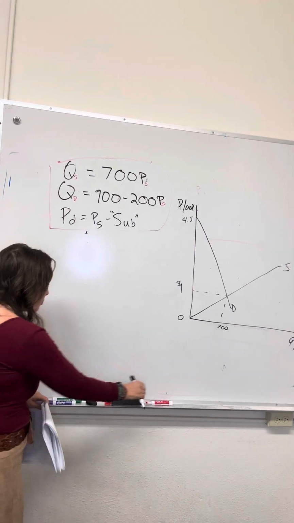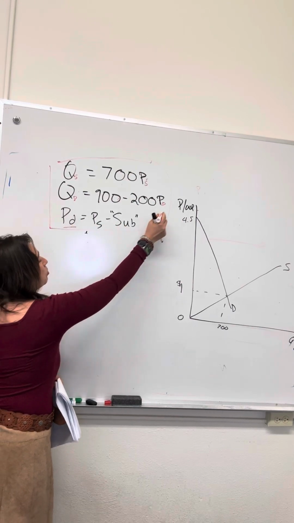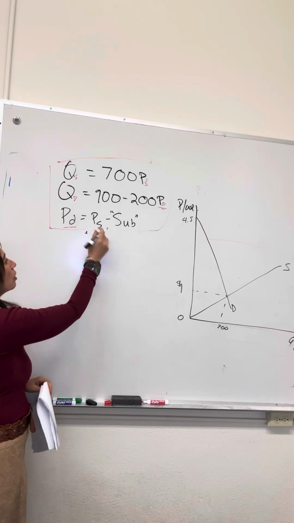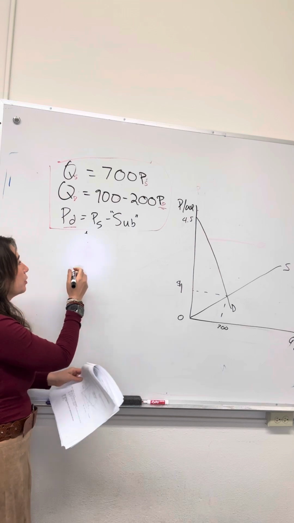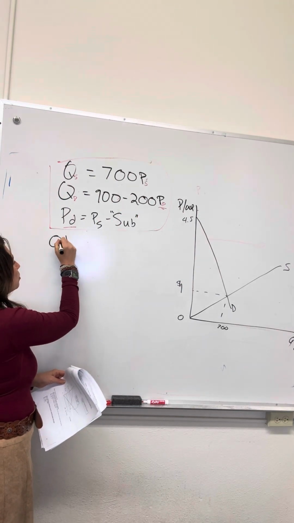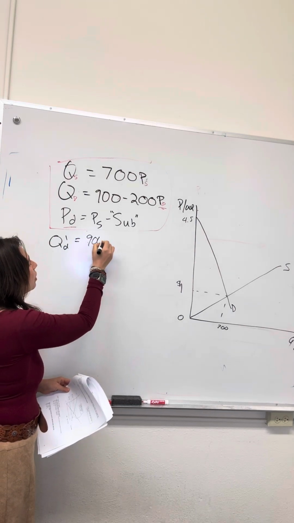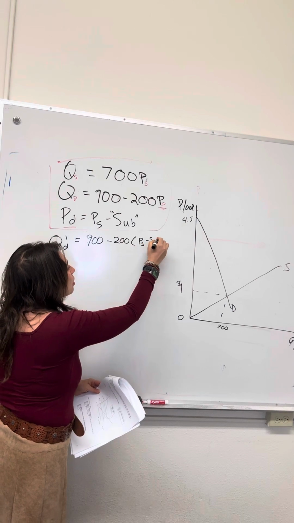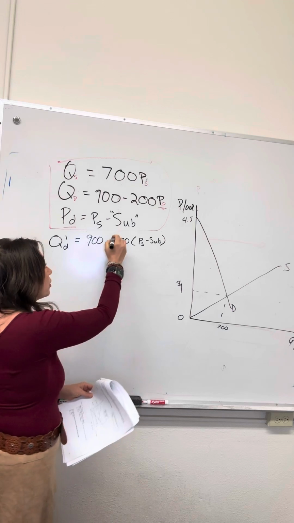So let's begin. As you can see, I have a PD here and a PD here. What I'm going to do is simply plug PS minus sub into the demand function. Sorry, my Ps and Ss look the same, so I write it out as sub. I'm going to change that demand function and call it QD prime, just like we did in the tax video. PS minus the subsidy, okay? I'm going to distribute both the negative and the 200.